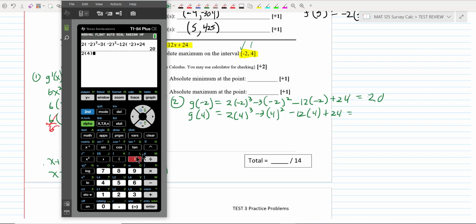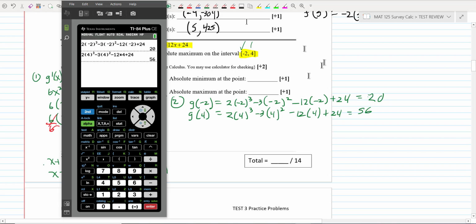Okay, so let's go to the next thing here. We do 2 times 4 to the third, and then subtract 3 times 4 to the second, and minus 12 times 4, and plus 24. Put that in, and that gives 56, so that's a bigger number.